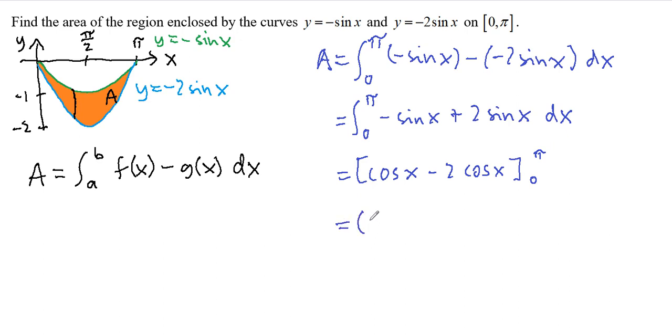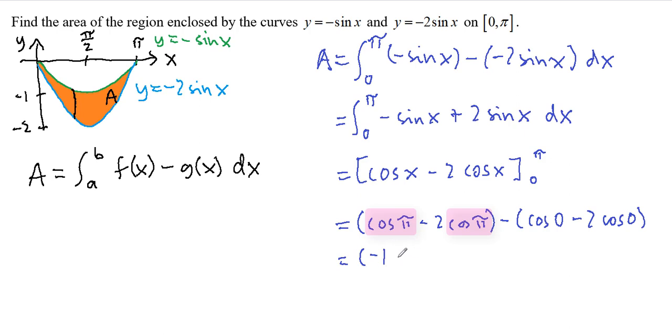Substituting the upper bound, we get cosine pi minus 2 cosine pi, minus, substituting the lower bound, cosine 0 minus 2 cosine 0. The values here are -1 for cosine pi, and 1 for cosine 0.